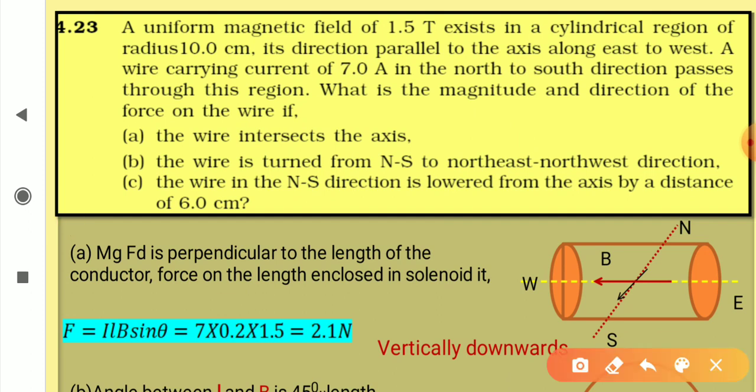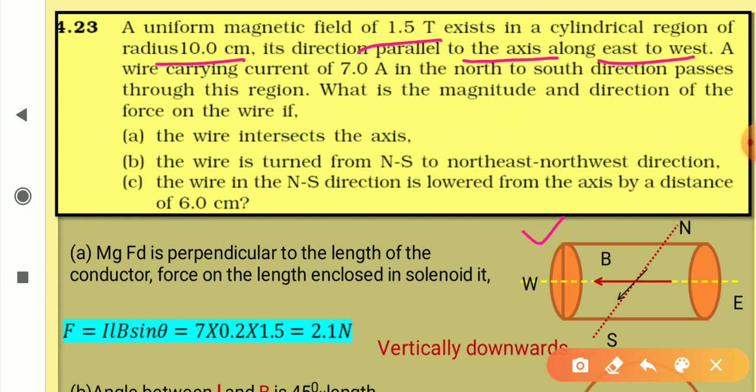A uniform magnetic field of 1.5 Tesla exists in a cylindrical region of radius 10 centimeter. Its direction is parallel to axis along east to west. Okay, so here try to draw everything that is given to you.